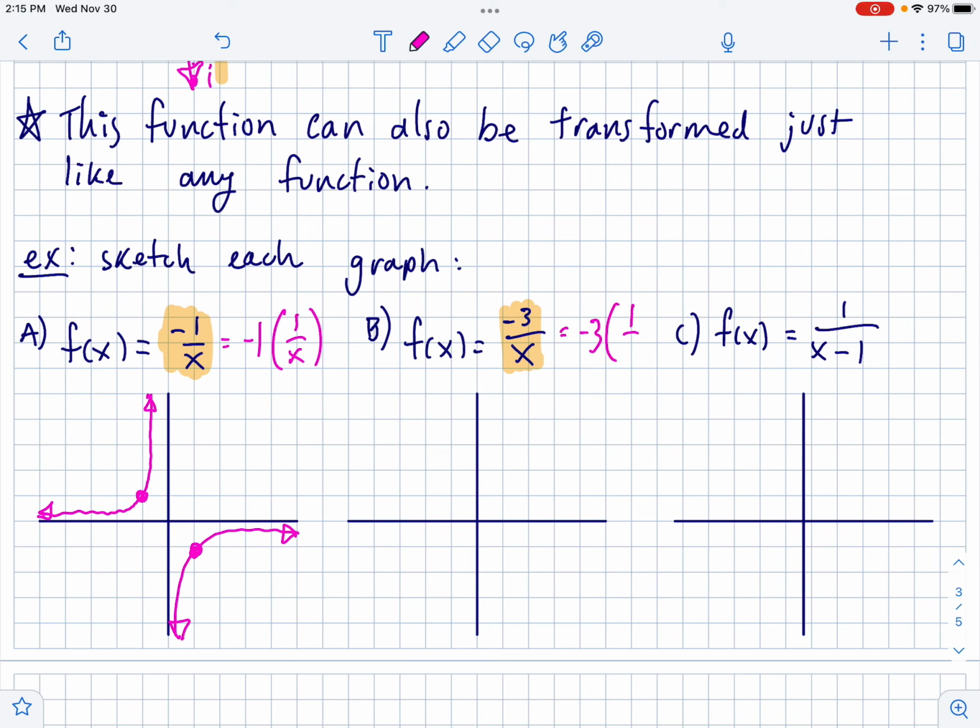Now, this next problem, negative 3 over x, you need to think of it like negative 3 times 1 over x. So it's a vertical reflection because of the negative, but it also gets stretched by a factor of 3. So normally these points would be on after the negative reflection, but then those are going to get tripled.